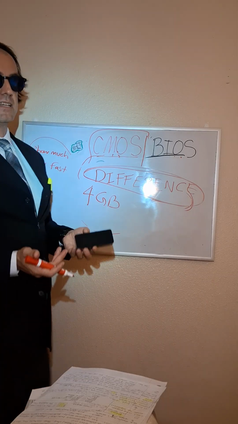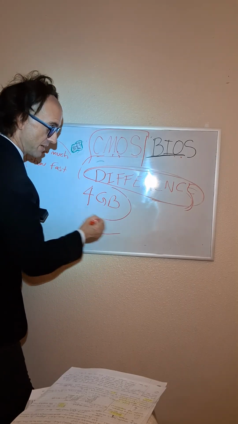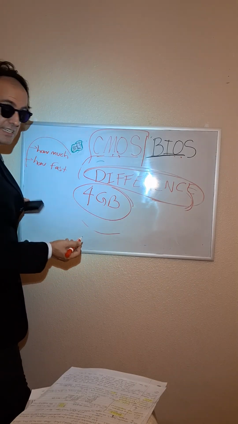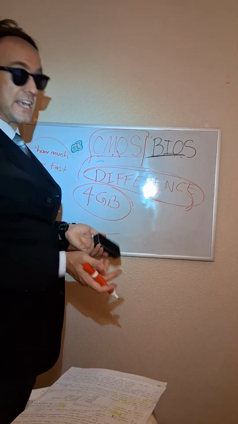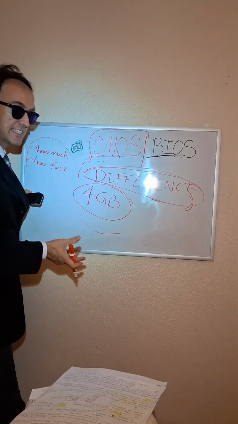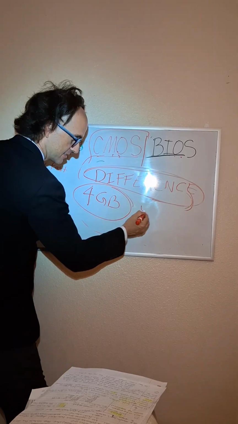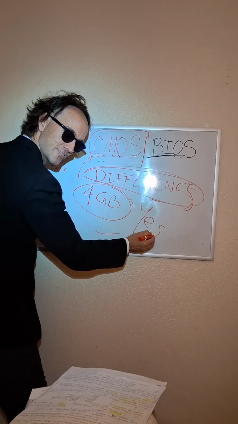And so it may say, do you want to save these changes? Is there really 4 gigabytes now? And we say yes, if we did add 2 gigabytes and it's recognizing it. Then we say yes, of course, we did this.